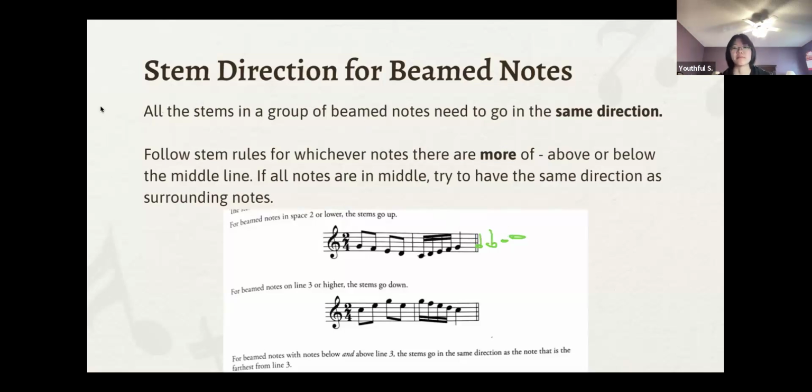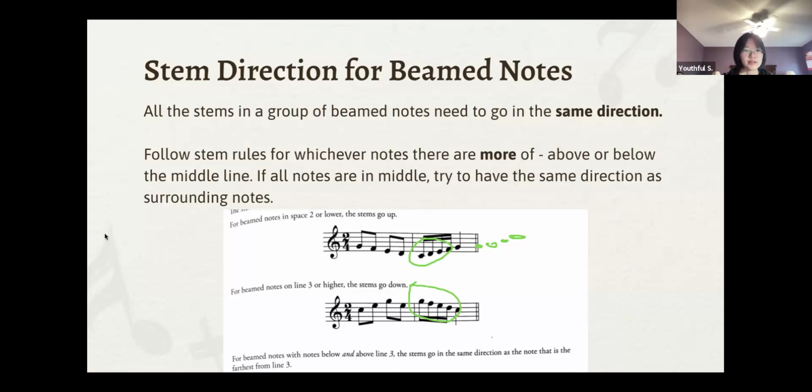If there are more notes above the middle line, have the stems go down. And if they're all in the middle, you can draw the stems whichever way. For this one, all of these notes are below the middle line, so all of the stems go up. This one, all of them are above.